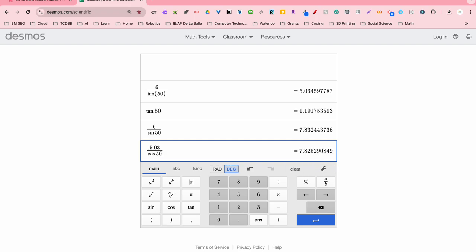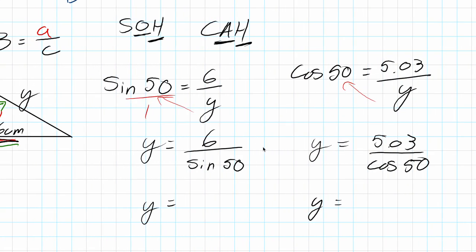Our answers are almost the same up to the second decimal. Because of the rounding I'm slightly off, but the first digit and the tenths digit are the same. So it didn't matter which ratio we set up, we got the right answer. The answer is approximately 7.82.